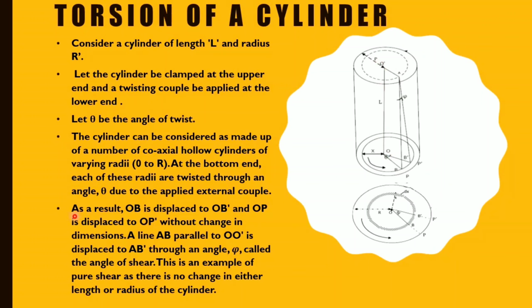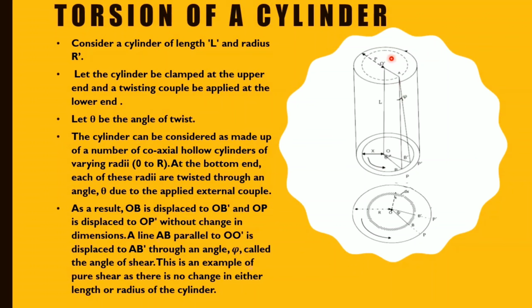As a result, OB is displaced to OB dash and OP is displaced to OP dash without change in dimensions. That means there is no change in the length or anything else. A line AB parallel to OO dash is displaced to AB dash through an angle psi. So this is the angle psi, and this angle is the angle of shear.